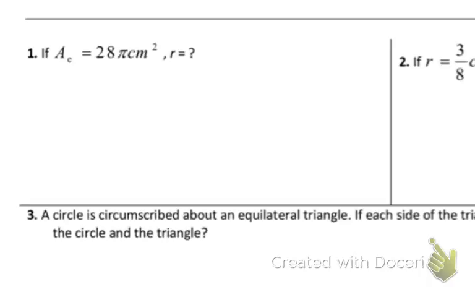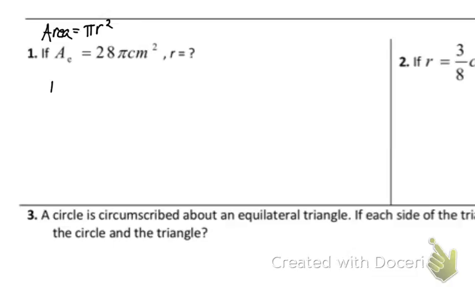All right, so we have area equals 28 pi centimeters squared. It says solve for r. So the first thing I'm going to note is, hey, area equals pi r squared. Well, pi r squared is my formula, and my area equals 28 pi.